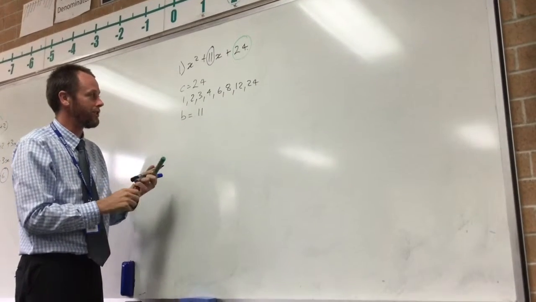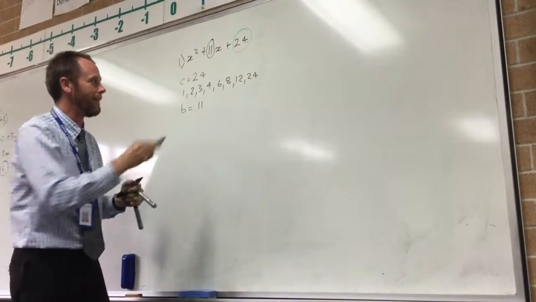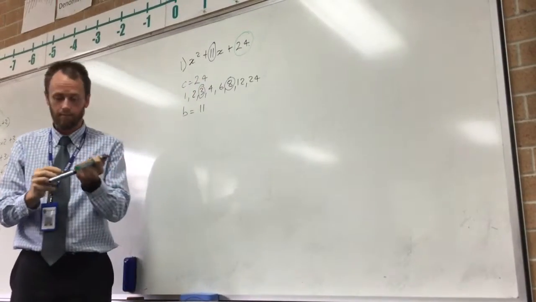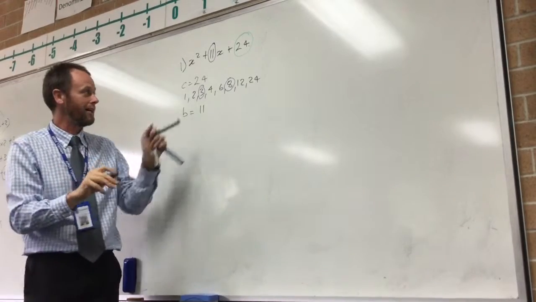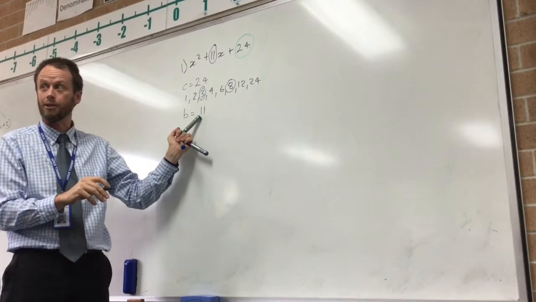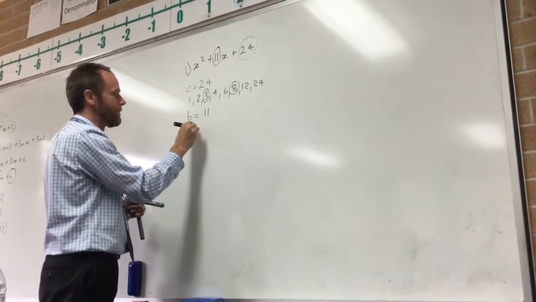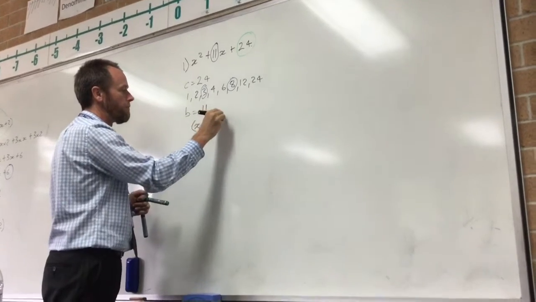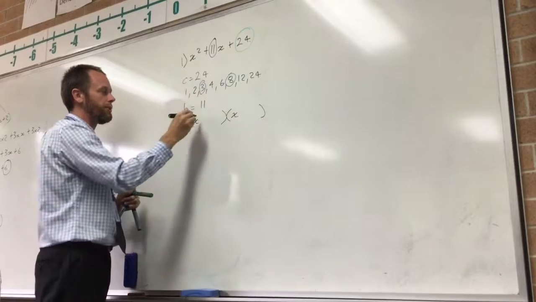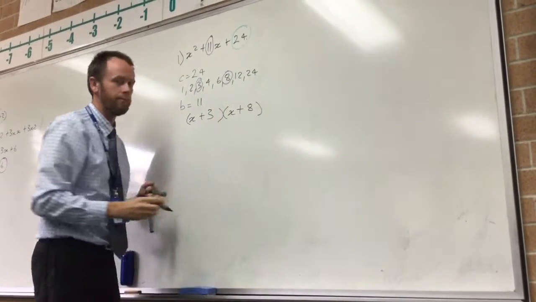And in this case, my two numbers that will add together to give 11 actually happen to be 3 and 8. So I take those two numbers, 3 times 8 is 24, 3 plus 8 is 11. I then can rewrite it in the form of a binomial. And because it's positive, it'll just be x plus 3, x plus 8.